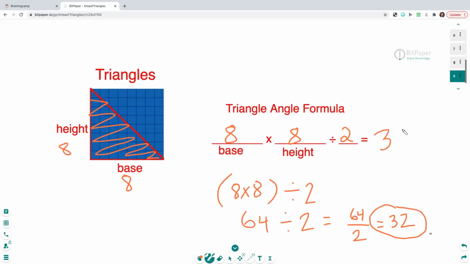So the area of my right triangle right here is 32 square units. I'm going to abbreviate square with SQ period units. And that means that my congruent, same size, same shape right triangle up here is also going to be 32 square units.